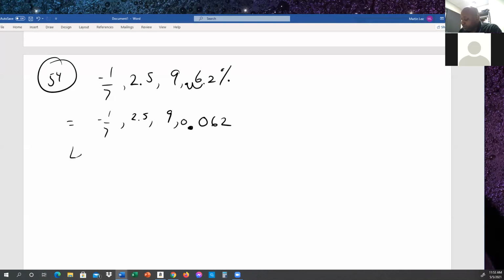Okay, so from least to greatest. Well, I've got a negative number, so that's going to be my smallest number. Let's list that one first, -1/7, and then cross through it so we know we're done with it. I'm left with 2.59 and 0.062.